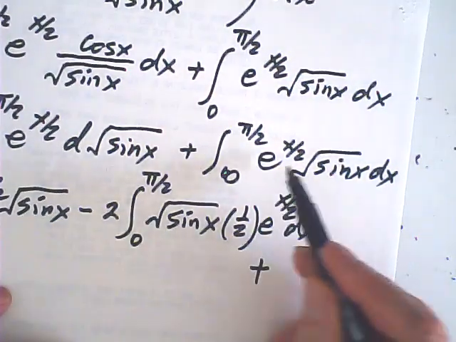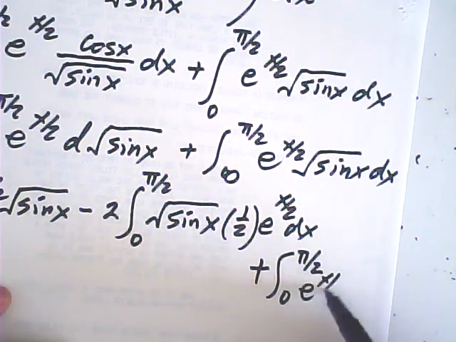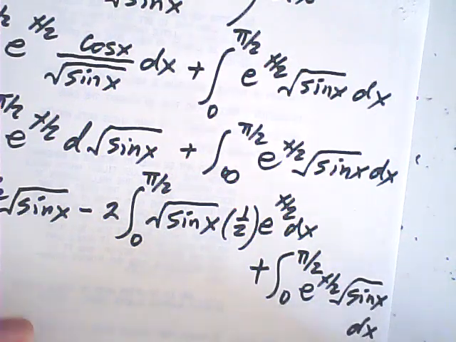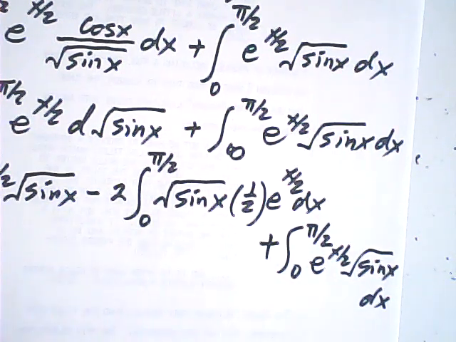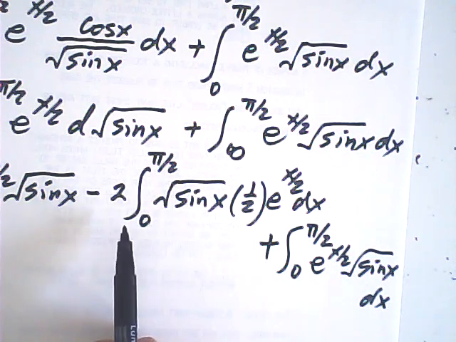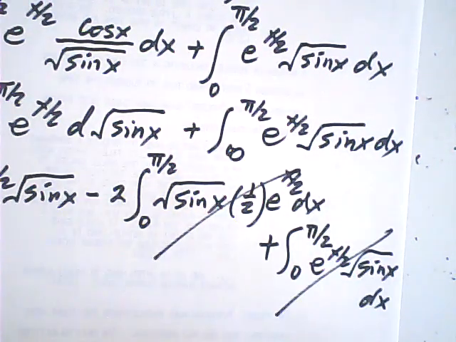Then plus the remaining, this is e to the half x square root sine x dx. Okay, so the 2 and the half cancel out. It remains the same thing as this one, so this one will cancel with that one.